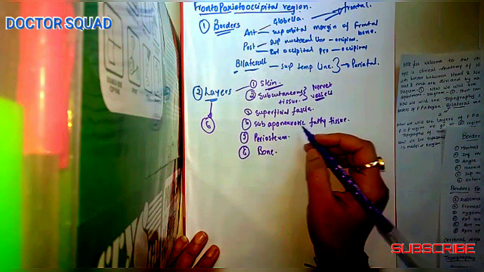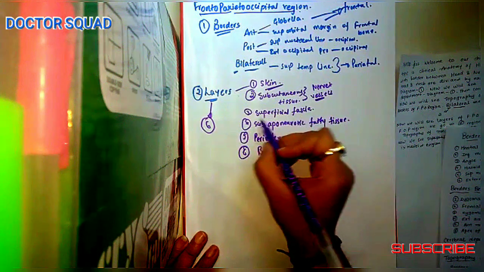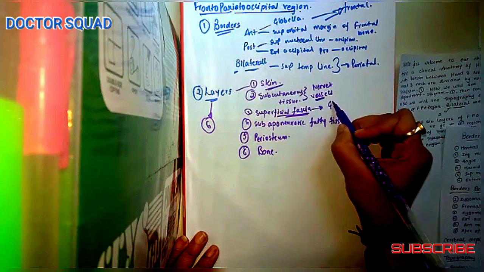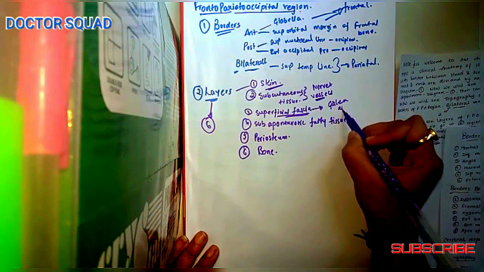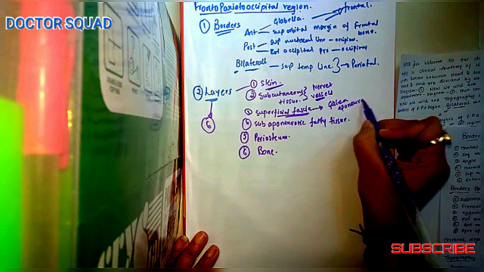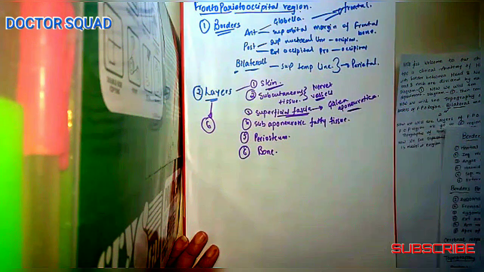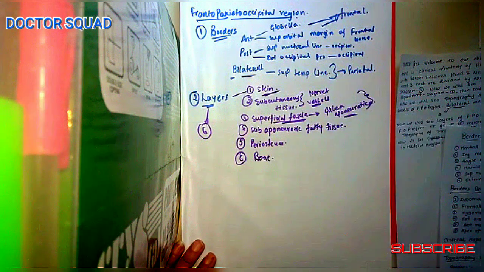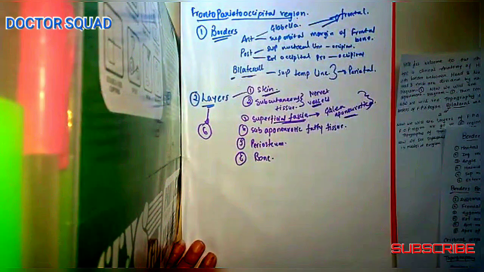The superficial fascia connects to the galea aponeurotica, the muscle of the whole fronto-parieto-occipital region.